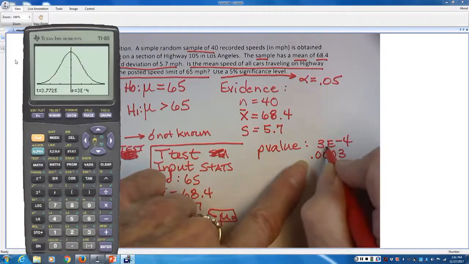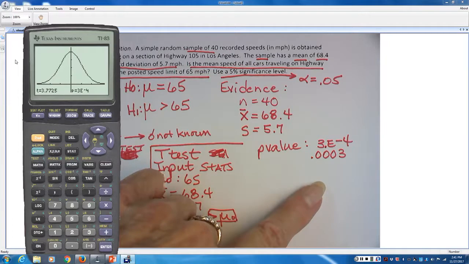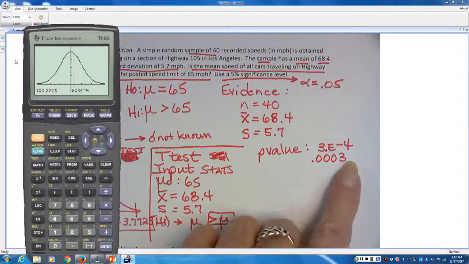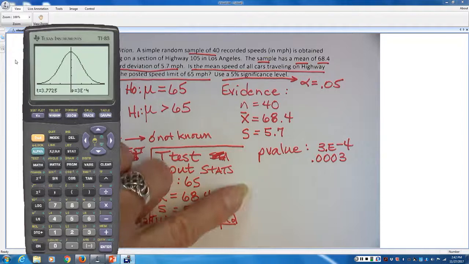Is it 3? No, it's 3 times 10 to the negative 4. But remember, it used to be after the 3, so you need 1 less zero. Okay? So your p-value is 0.0003.